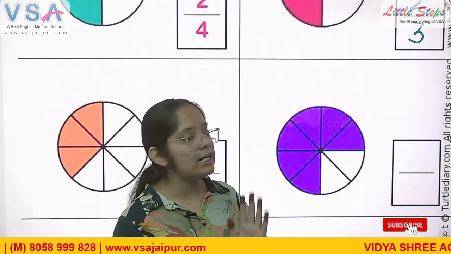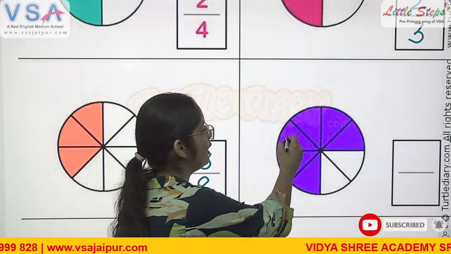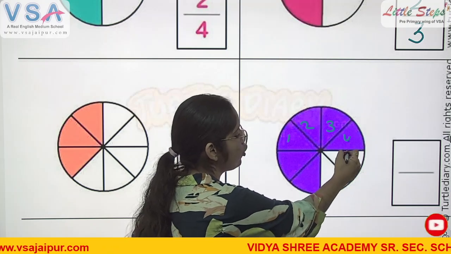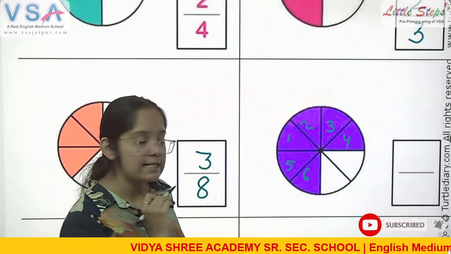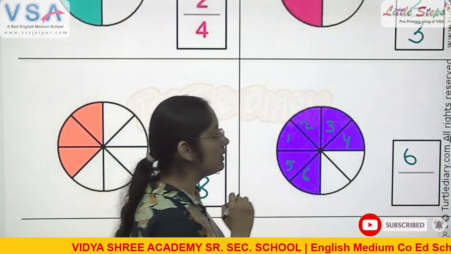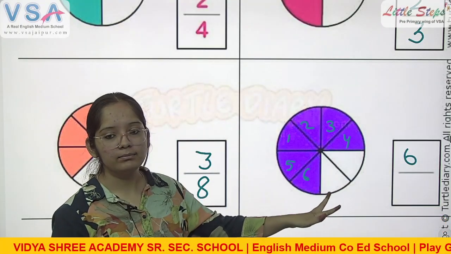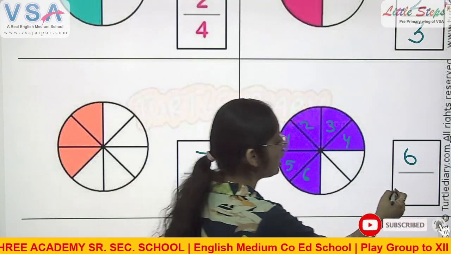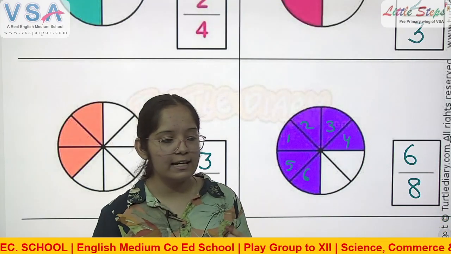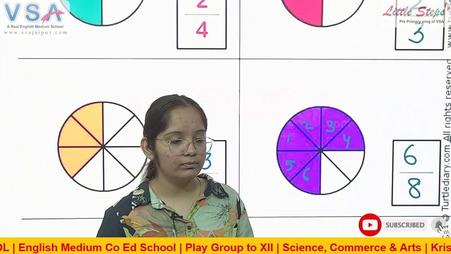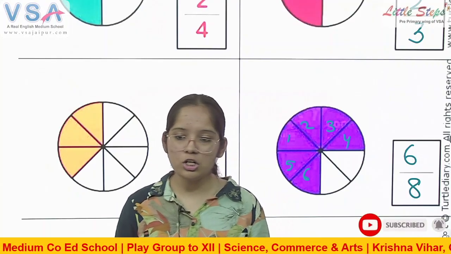How many colored parts? 1, 2, 3, 4, 5, 6. So what will be in the upper part, beta? 6. And how many are total? 8. So 6 upon 8. Understood? Aradhya? Yes or no? Understood? Sit down.